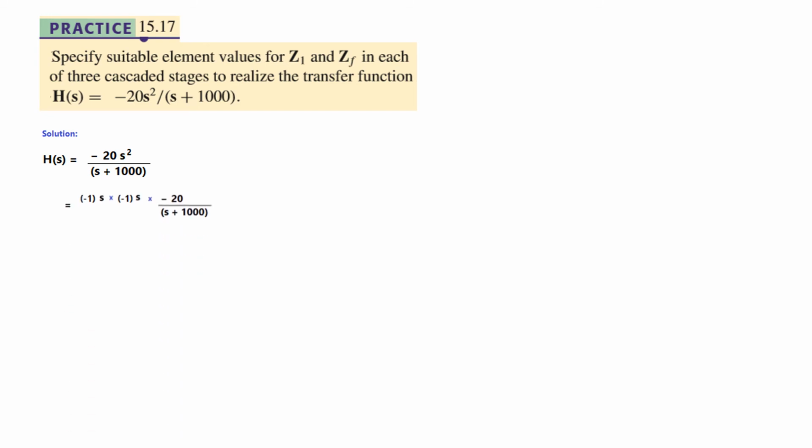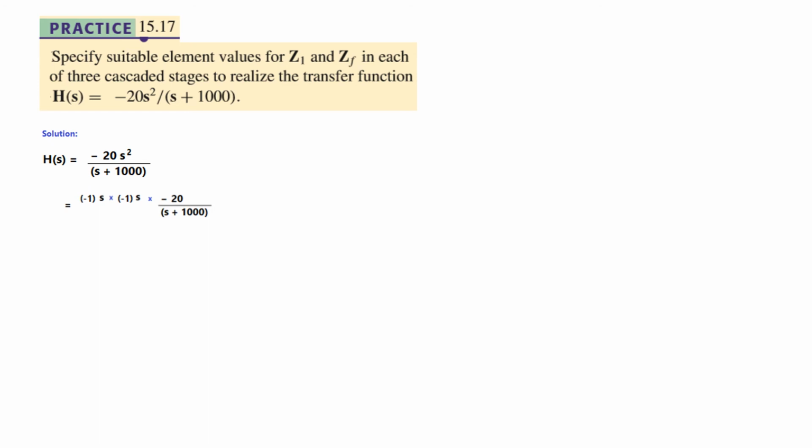And from here you can see that s squared is representing 2 repeating zeros, and this is repeating a pole.